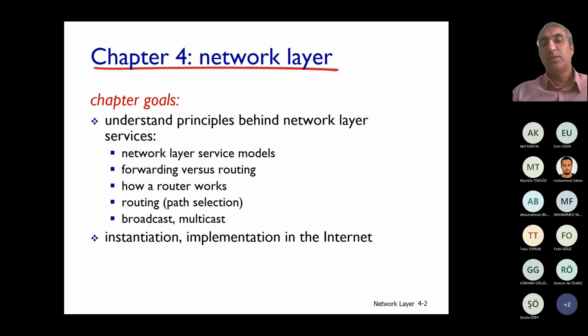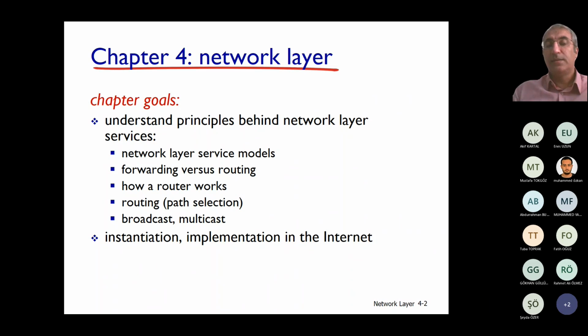And there are two important functions in this layer. The first one is forwarding and the other one is routing. So the question is, what is the difference between forwarding and routing? They pretty much look like each other, but there are some differences that we're going to see.